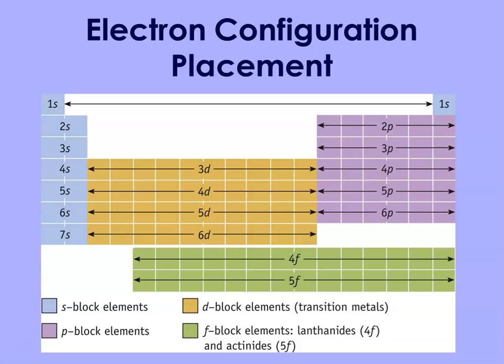Well, 3D happens to have just a little bit more energy than 4S, but not as much energy as 4P. And so that is why we have to fill up the 4S orbital before we can fill up our 3D orbitals. So we do not go in order numerically of energy level, but in order of energy requirements, lowest to highest.